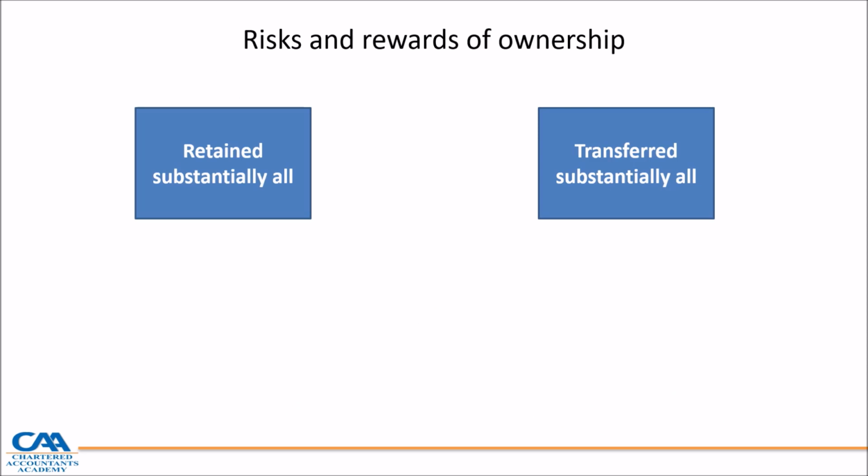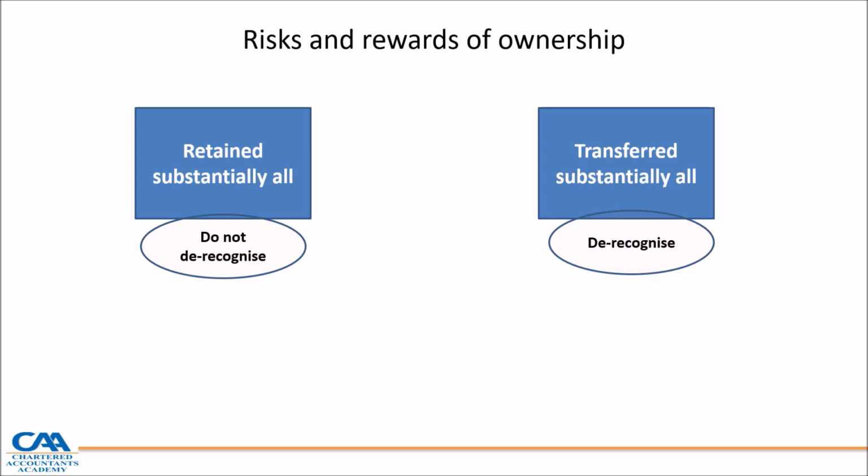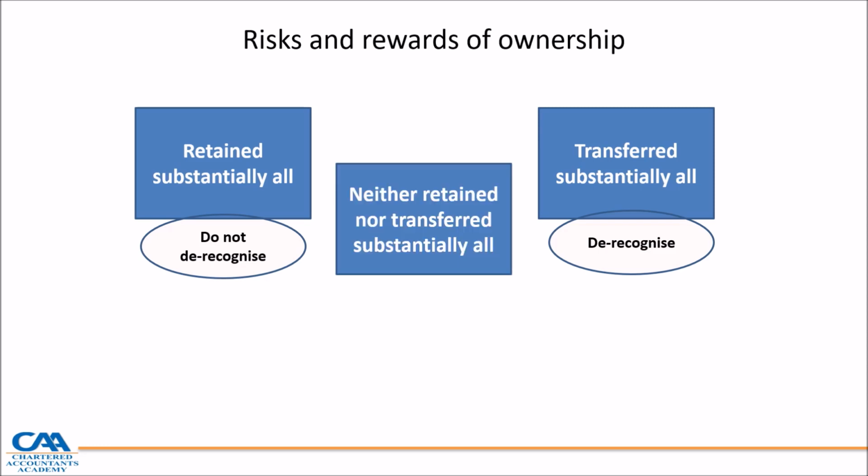So when you transfer a financial asset, you could have retained substantially all risks and rewards of ownership, or transferred substantially all risks and rewards of ownership. If you have retained risks and rewards of ownership, you do not derecognize, but if you have transferred substantially all the risks and rewards of ownership, you derecognize the financial asset.